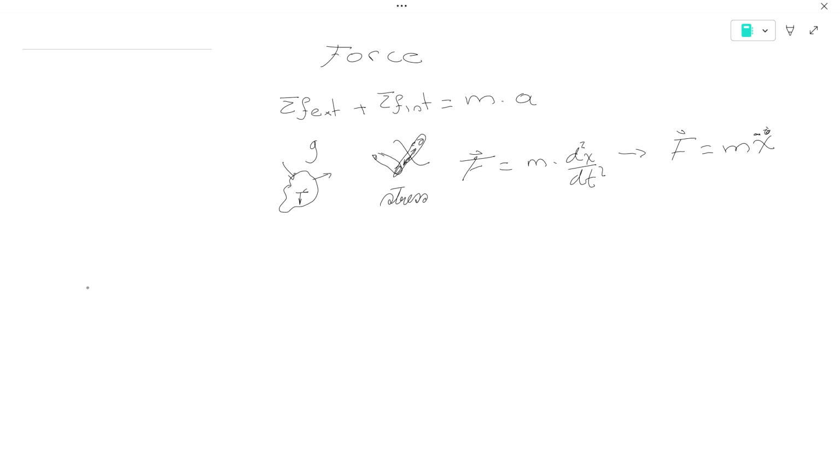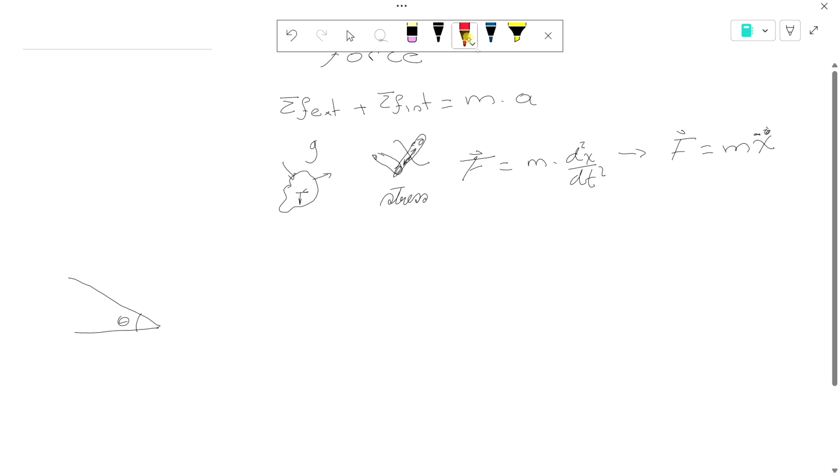In statics, we saw friction, and we basically had a case where we had a slope, and that slope had an angle. Say we had a box, and on top of the box there's an object.